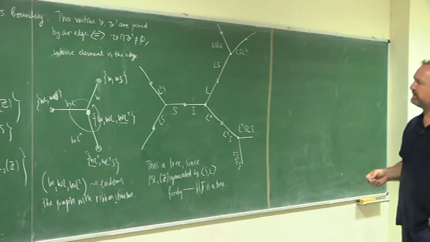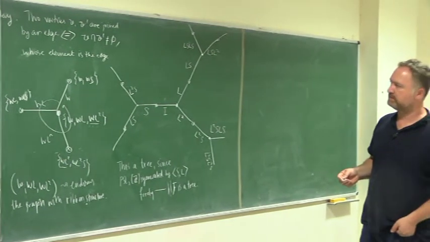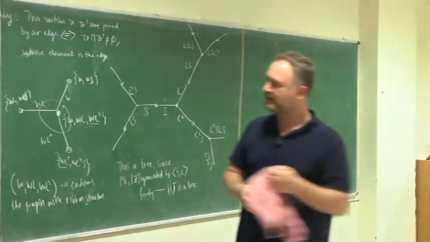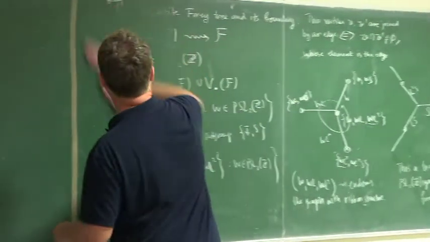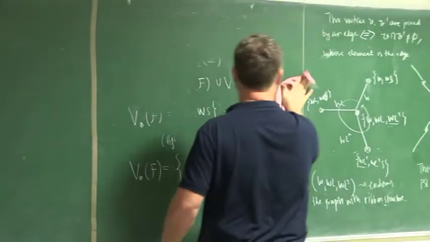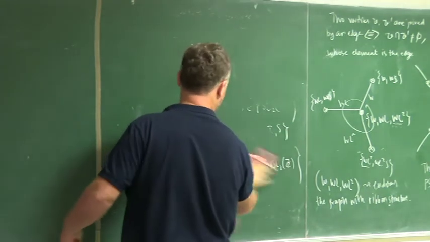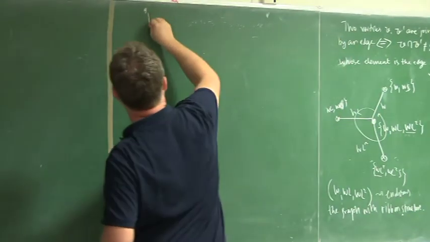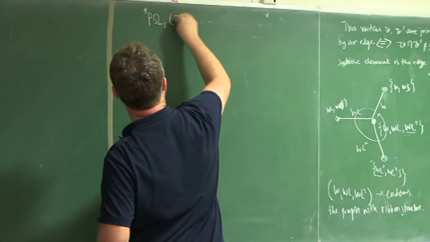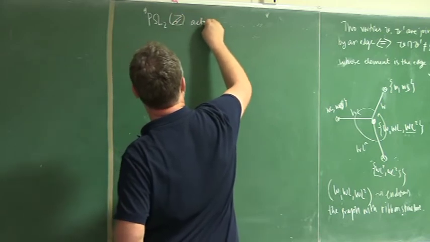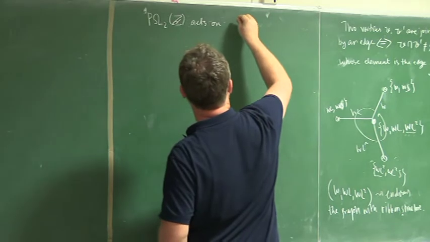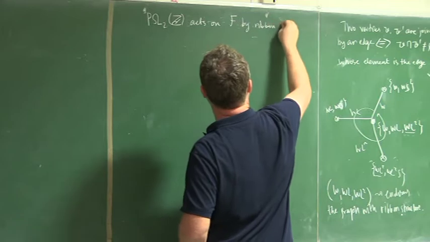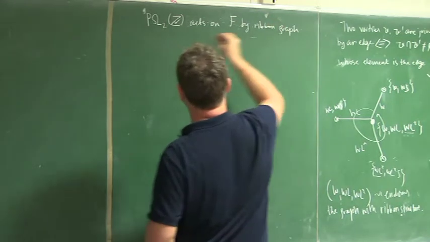Moreover, this tree comes with an action of the group PSL2Z. PSL2Z acts on this tree by ribbon graph automorphisms.